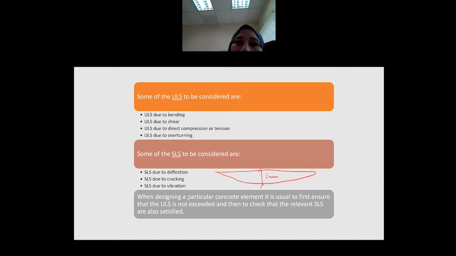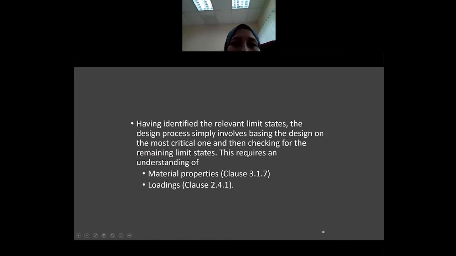Having identified the relevant limit state, the design process involves basing the design on the most critical one and checking the remaining limit states. This requires an understanding of, one, the material properties, and two, the loading.